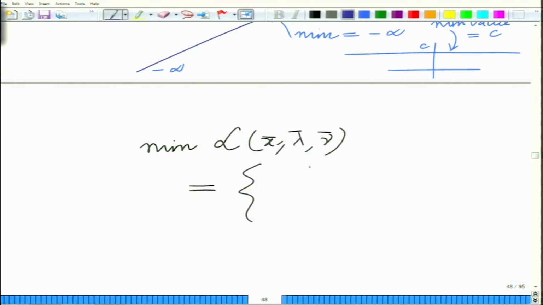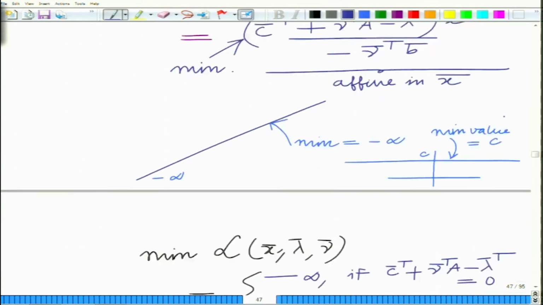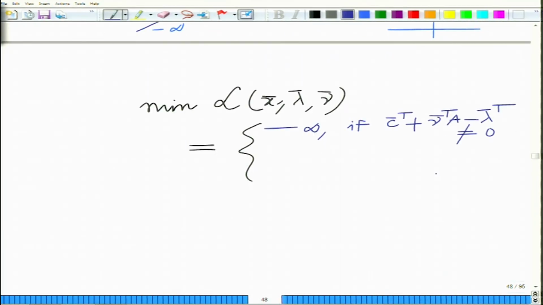If C bar transpose plus nu bar transpose A minus lambda bar transpose is not equal to 0, that is, this vector which is multiplying x bar is not equal to 0, then the minimum is minus infinity.